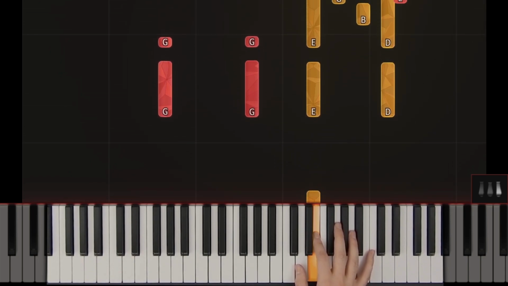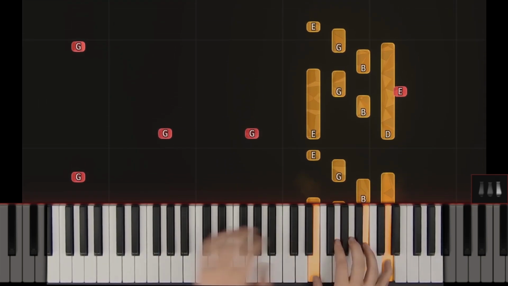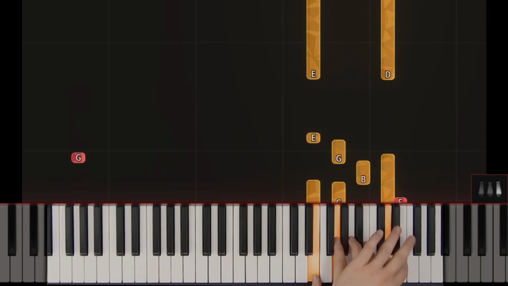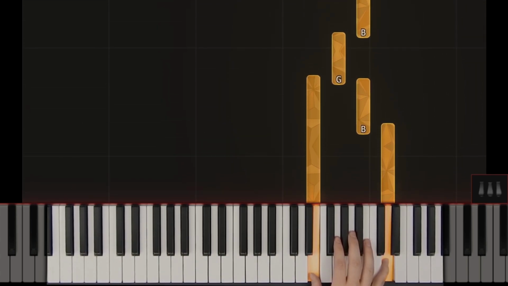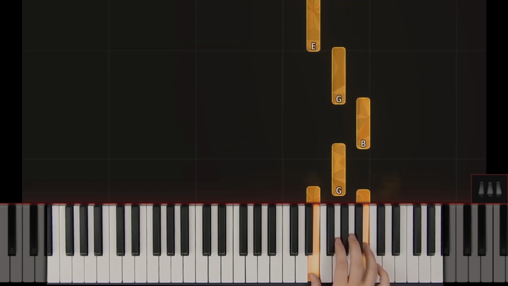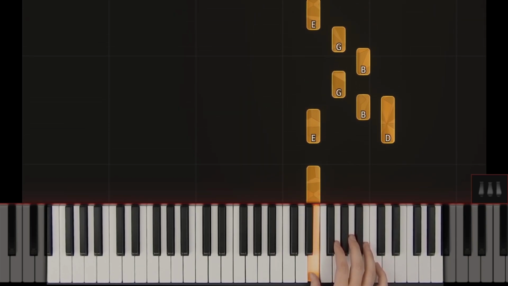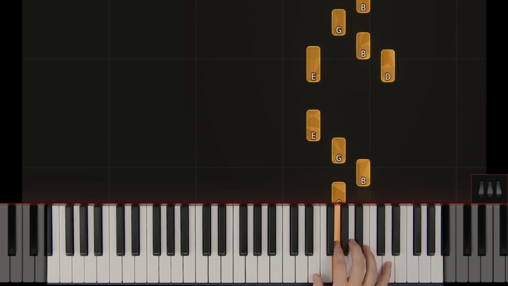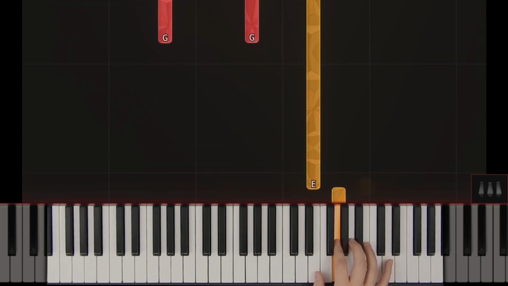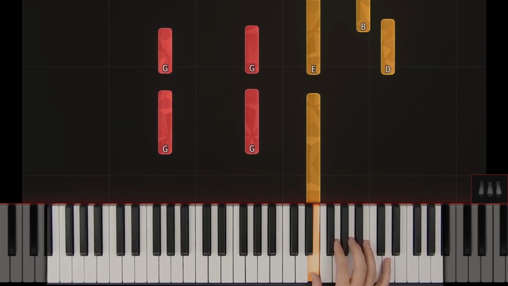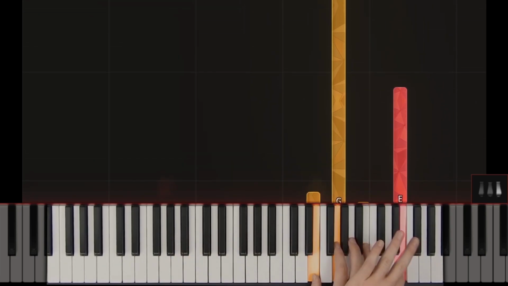And the last one, this one's a little bit different. We have 1, 5, E and D, 4, 2, 4, 2, 1. That's one unit. And then again. The left hand is G octaves, E up top again.